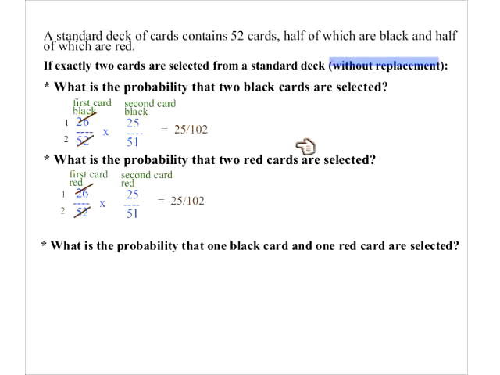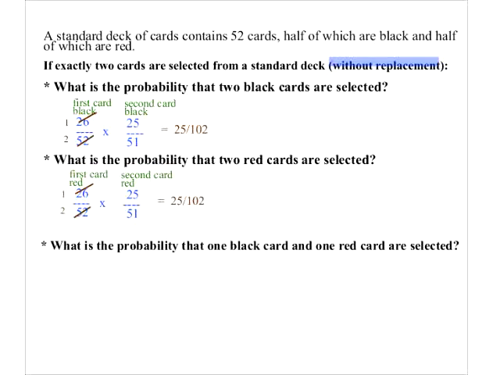No, this is separate. This is not a continuation. These are all possibilities from this first selection of 2 cards. So this is a separate problem from this. Here, replacement could be possible? No. This prompt goes with all 3 of these problems.